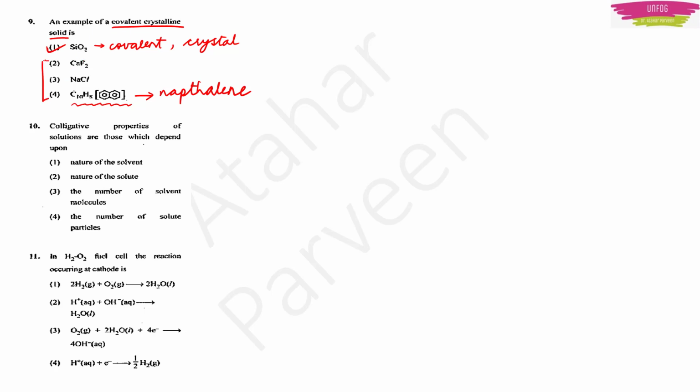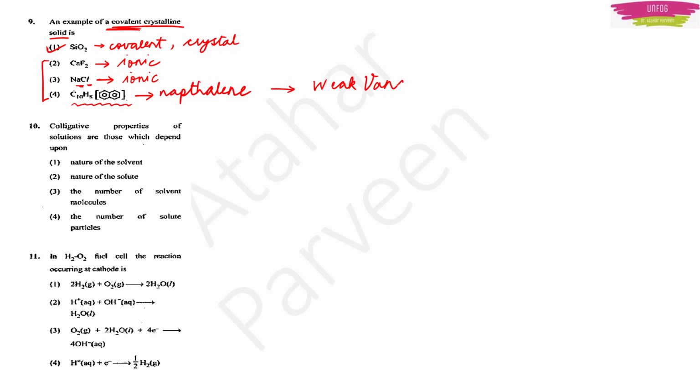But these three cannot be the right answer, because in calcium fluoride, the calcium and fluorine ions share an ionic bond. Okay, so in the first condition itself, they are wrong. Now here in sodium chloride, the sodium and chlorine ions share an ionic bonding. Again, for the first condition, they are wrong. But here in naphthalene, naphthalene is an organic compound, right? In organic compounds, they don't have any ionic or covalent bonding.